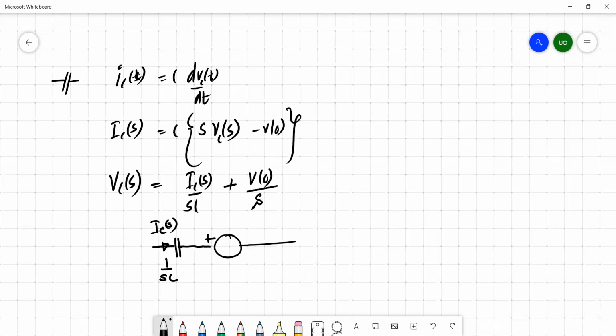And the polarities are something like that. So the value of this is this.